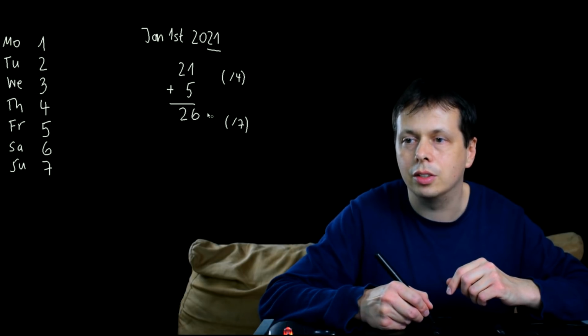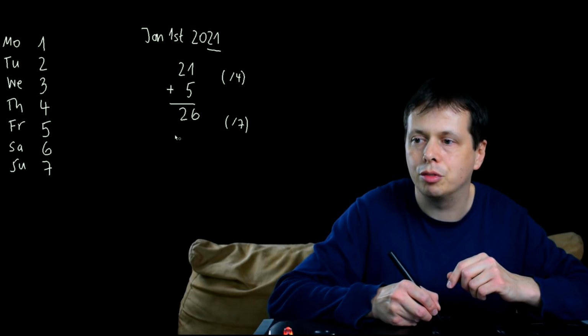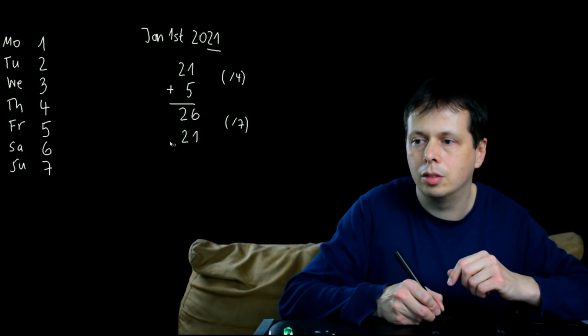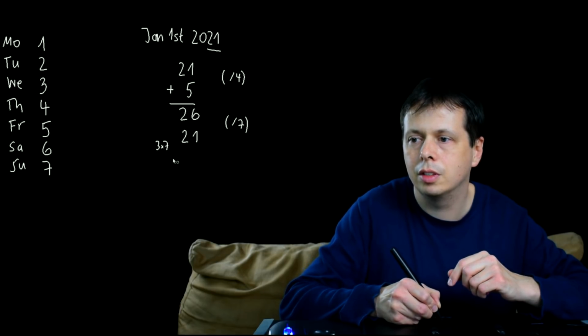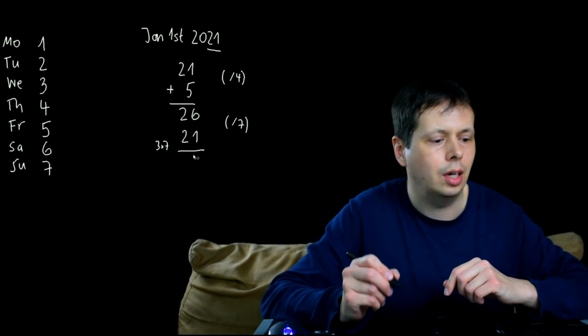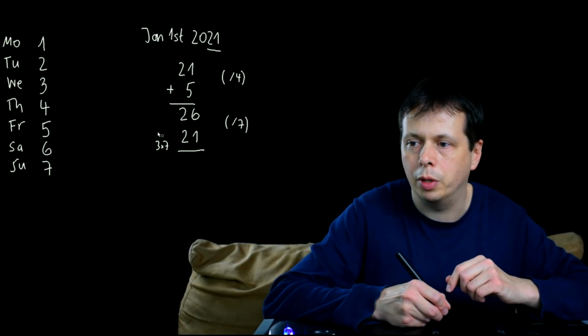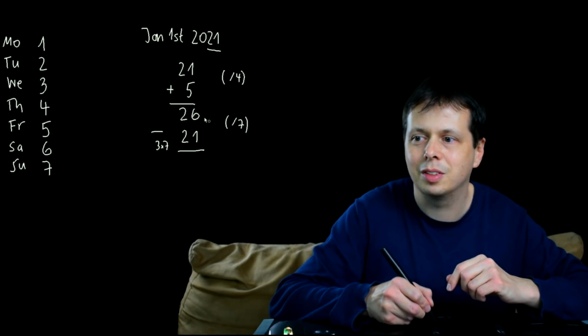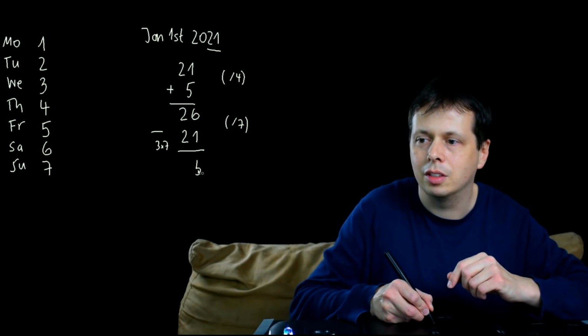So 28 is too high, so we have 21, because 3 times 7. And now we subtract the 21 from the 26 and we get 5.